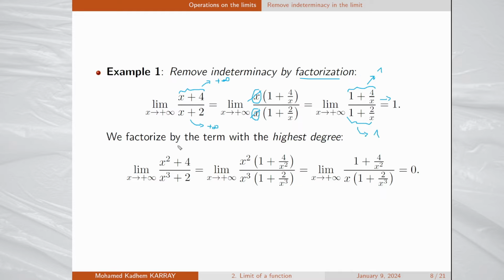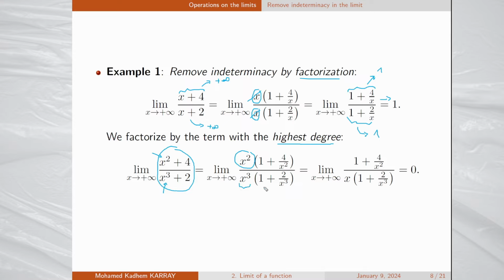More generally, when you have the ratio of two polynomials, you have to factorize by the term with the highest degree. In the numerator here, the highest degree is x squared, so I factorize by x squared. The denominator, the highest degree is x to the power 3, so I factorize by this term here.